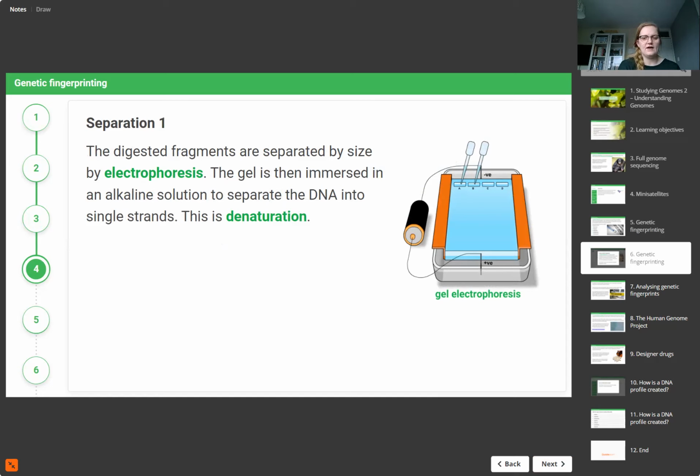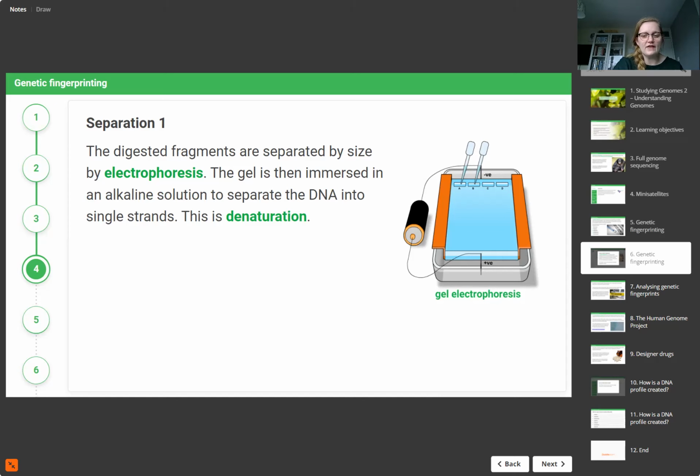The DNA mixture is placed into these wells, as you can see where these pipettes are, in a slab of agar gel. We then cover this gel, which you make yourself in the lab, in a buffer solution, and that buffer solution is able to conduct electricity.